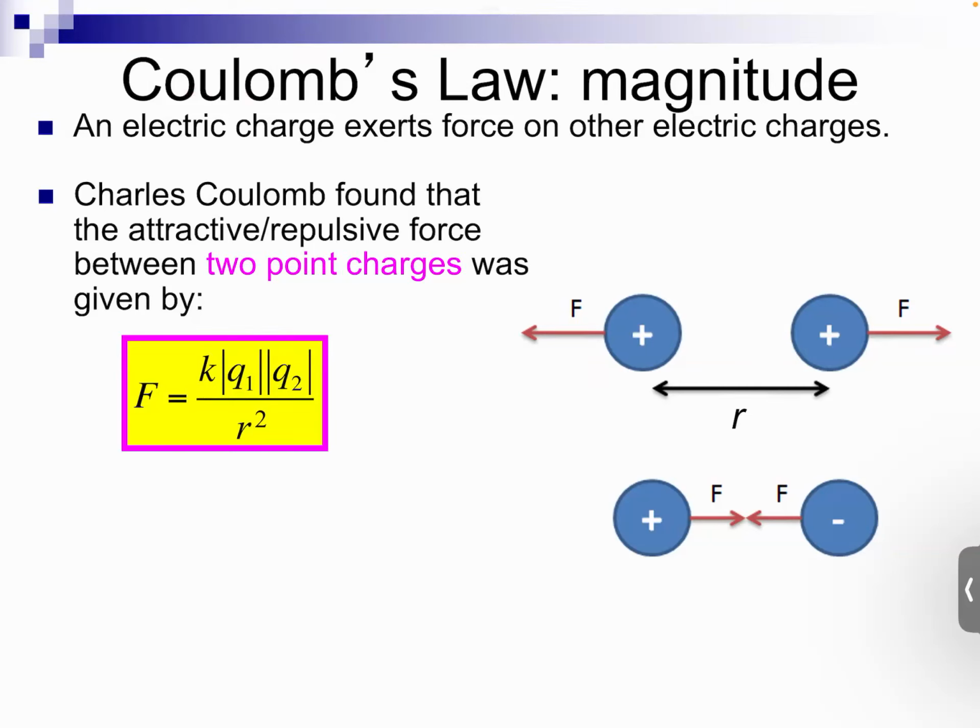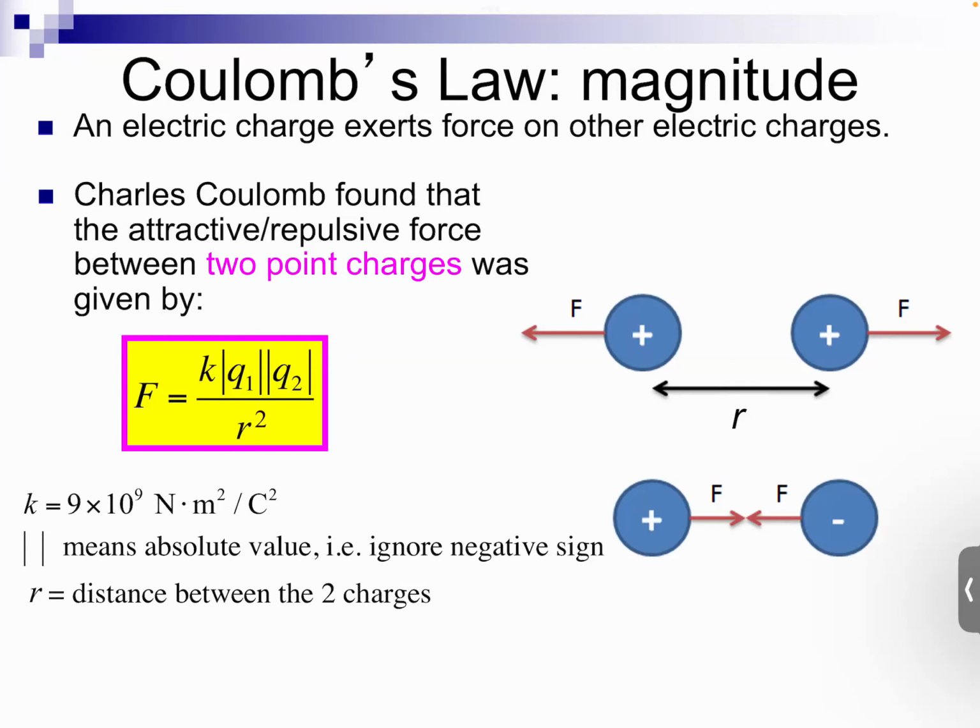So Coulomb's law is given by this equation. F is the force, Q1 and Q2 are the charges that attract each other. R is the distance between the two charges. K is a constant, 9 times 10 to the 9 newton meter squared per coulomb squared.